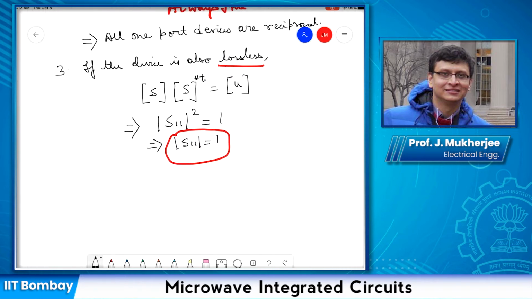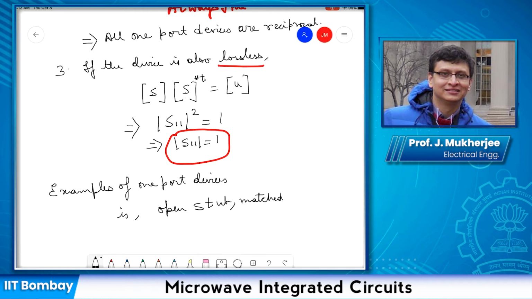So what are some of these one-port devices? Examples of one-port devices, some of them we have already seen. For example, an open stub, then matched load, then shorted stub.